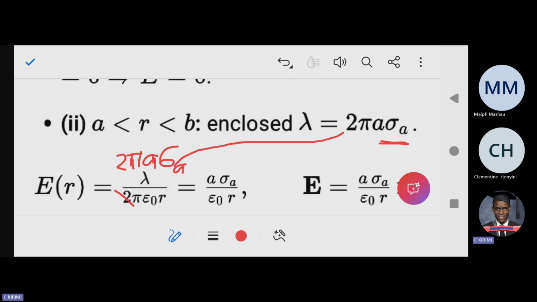So you find out the pi and the pi, they cancel out. We are no longer using this one when we replace lambda. So I'll be left with sigma A, which is the surface charge density of A, over epsilon naught times R.